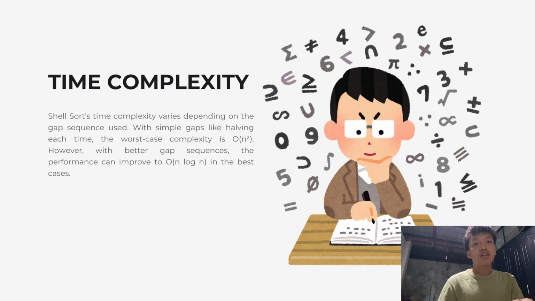This means that for large data sets, shell sort would still be slow. However, Hibbard, Sedgwick and Knuth proposed better gap sequences, which are more efficient and allow the algorithm to skip unnecessary comparisons.